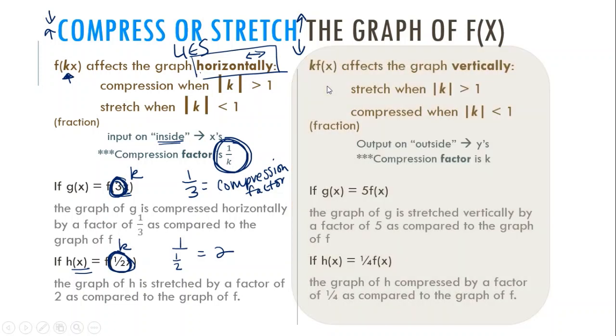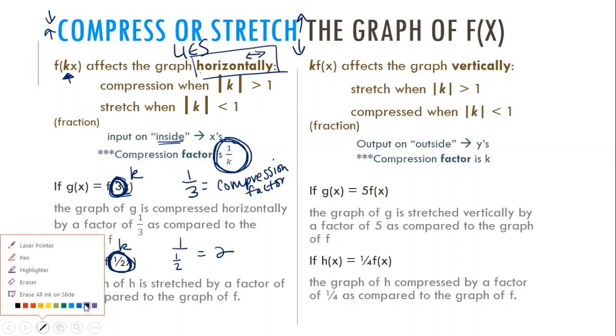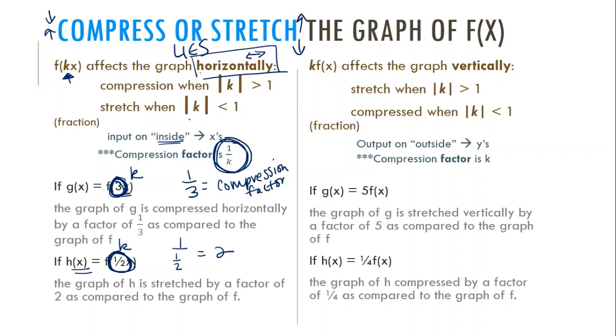So let's look at what happens when we have our graph vertically, and then I'll show you what it looks like when we graph it. Vertically, this is going to tell the truth. We don't have to change anything. This time my k is out front of my function, so it affects the output or the outside of the function.